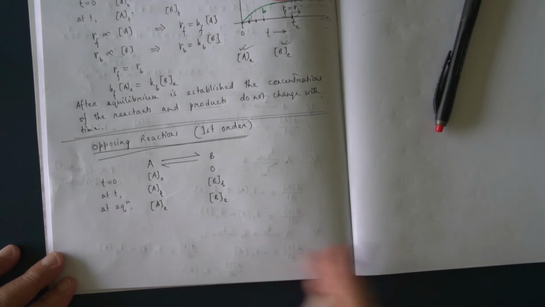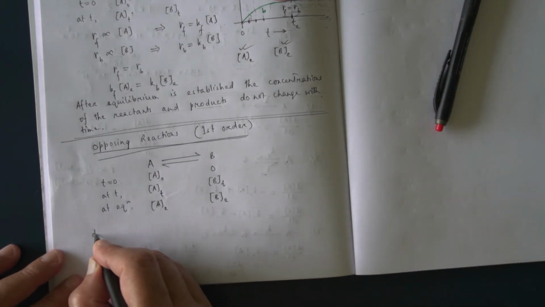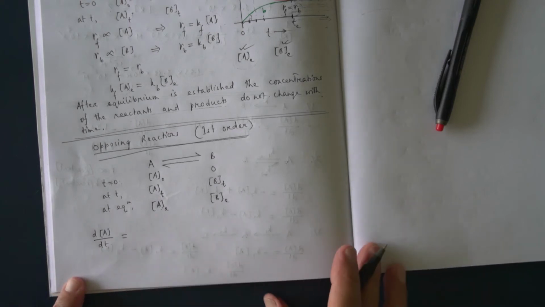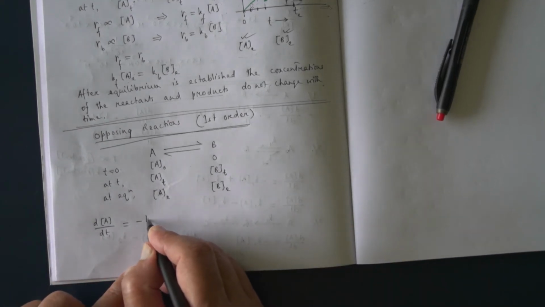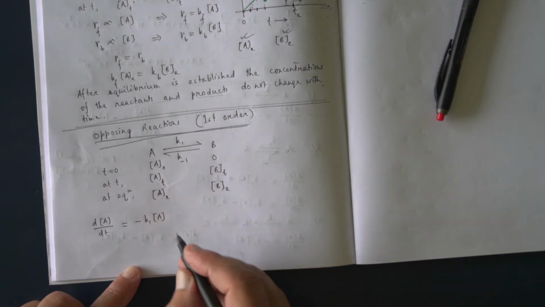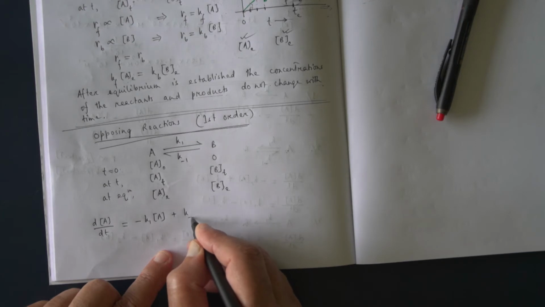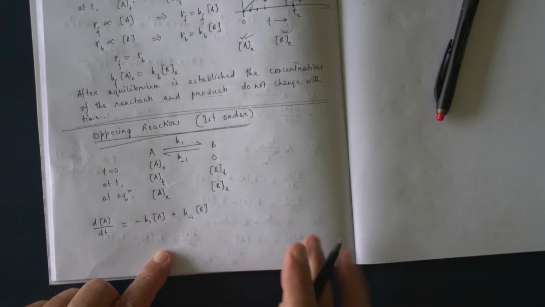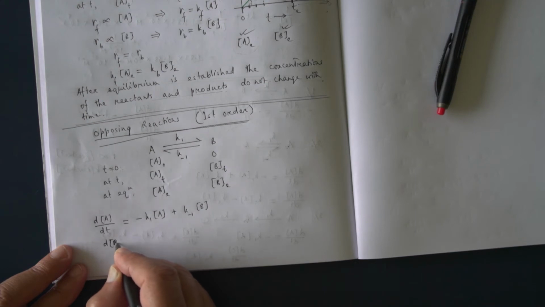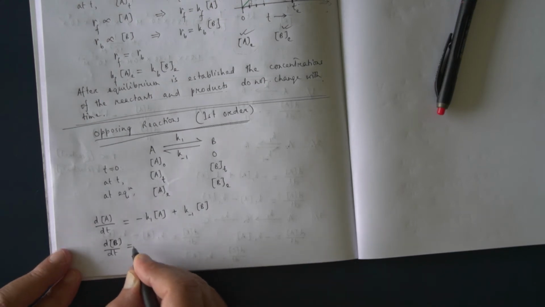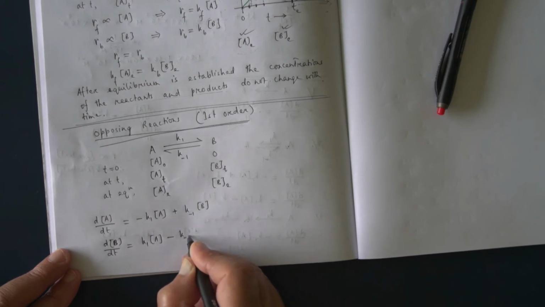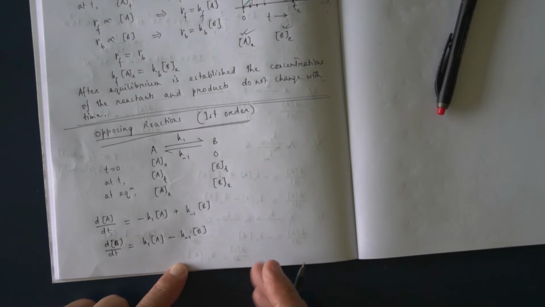Say dA by dt will be equal to minus k1 A plus k minus 1 B. The rate constants are k1 and k minus 1. Similarly, dB by dt is equal to k1 A minus k minus 1 B. Okay.